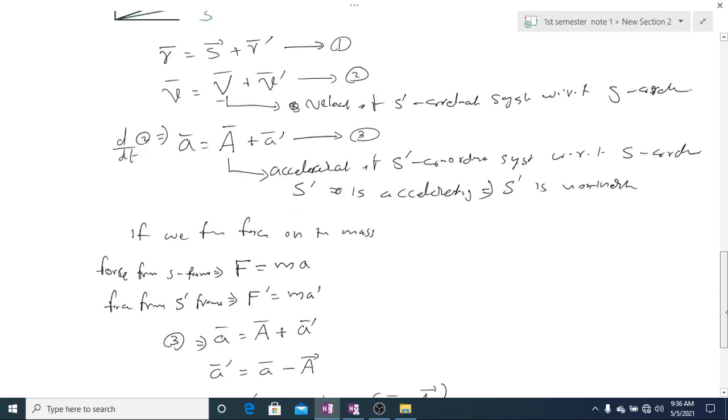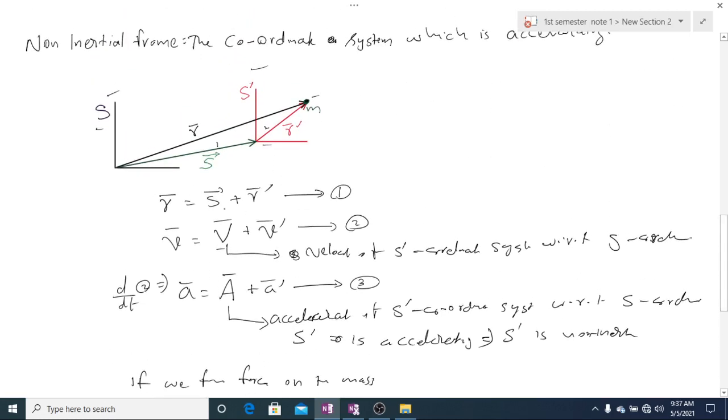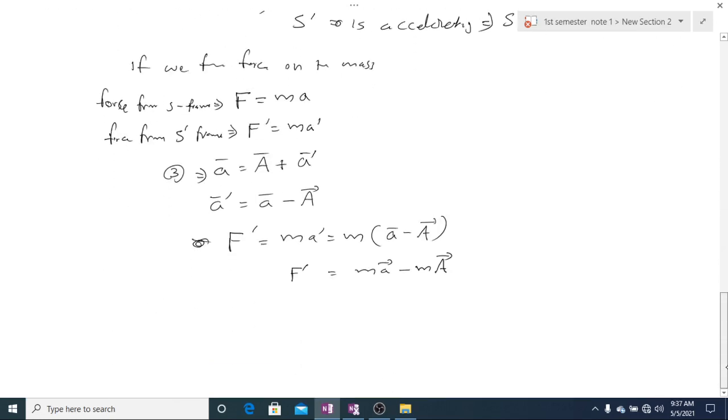If we measure force from S coordinate system, it is not just equal to the force measured in the S prime coordinate system. In S frame, the force is equal to ma. If we measure force from S prime frame, it is ma prime. If we substitute for a prime, we get ma minus mA. If we compare these two equations, what is the difference?